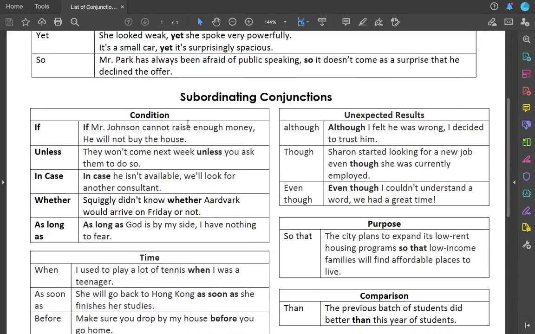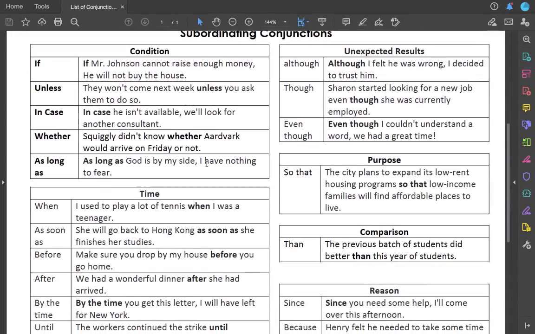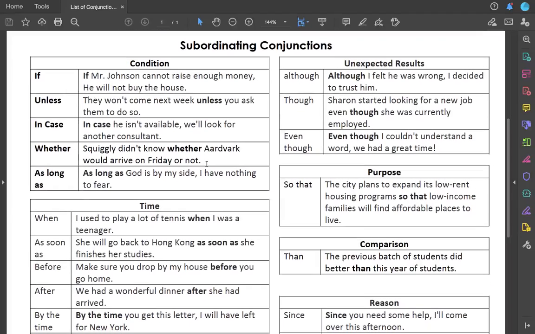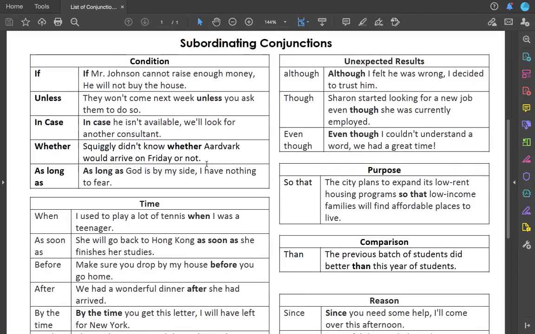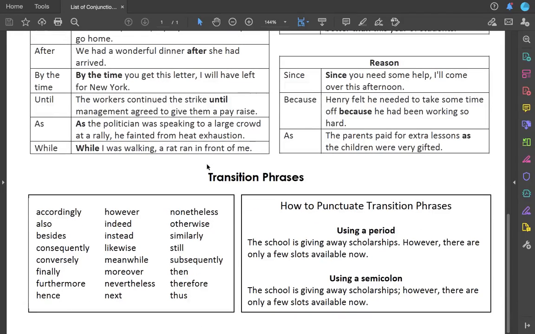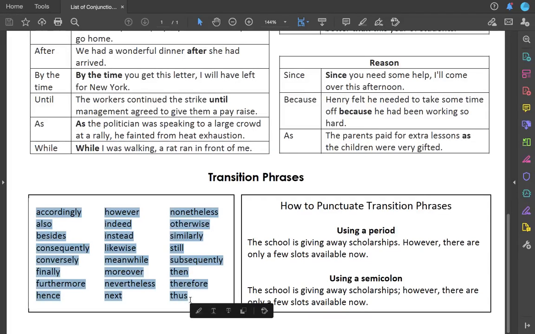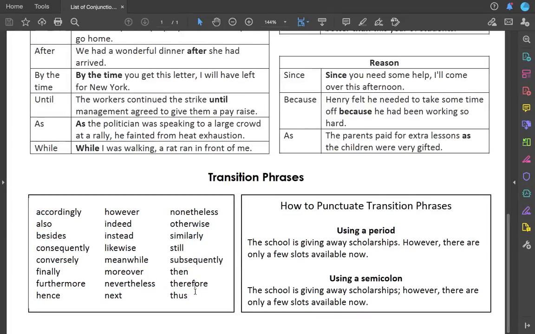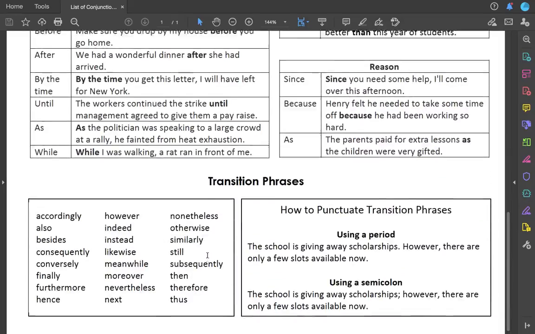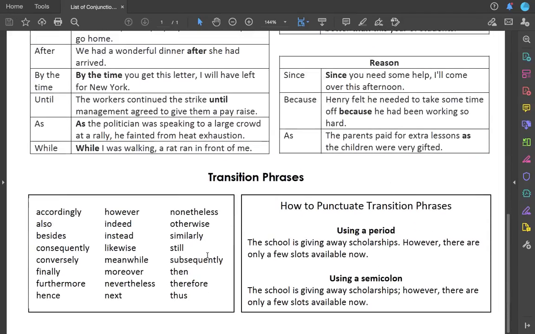The second one is subordinating conjunctions, and this has the most conjunctions in English. The third and last one is what we call transition phrases. They also have a lot, or I don't know if there are more transition phrases than subordinating conjunctions.